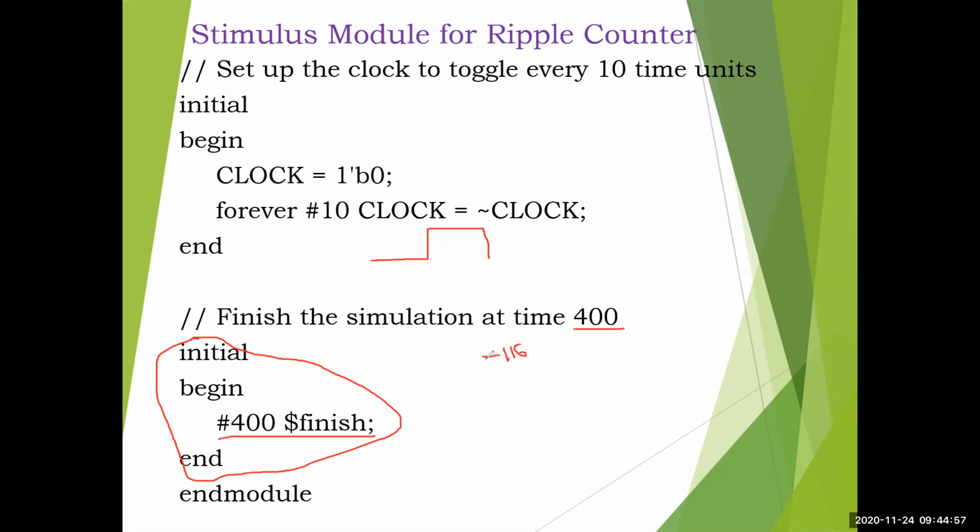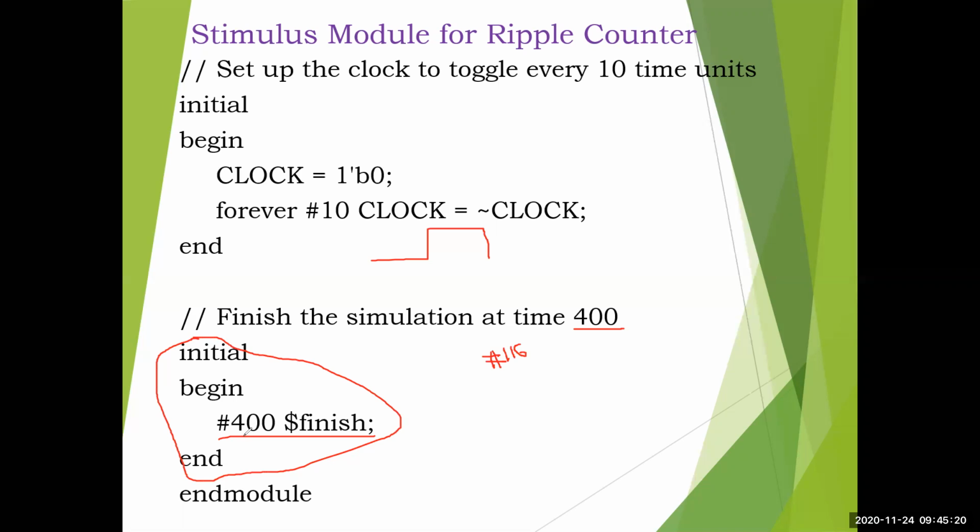So you should write #116 $finish instead of 400. If you write the same #400 $finish there, it will add up to 284 plus 400. But we have to stop at 400 time units, that means it is a new block, so it will start from 0 here. So 0 plus 400, it is 400 time units, and it will stop.